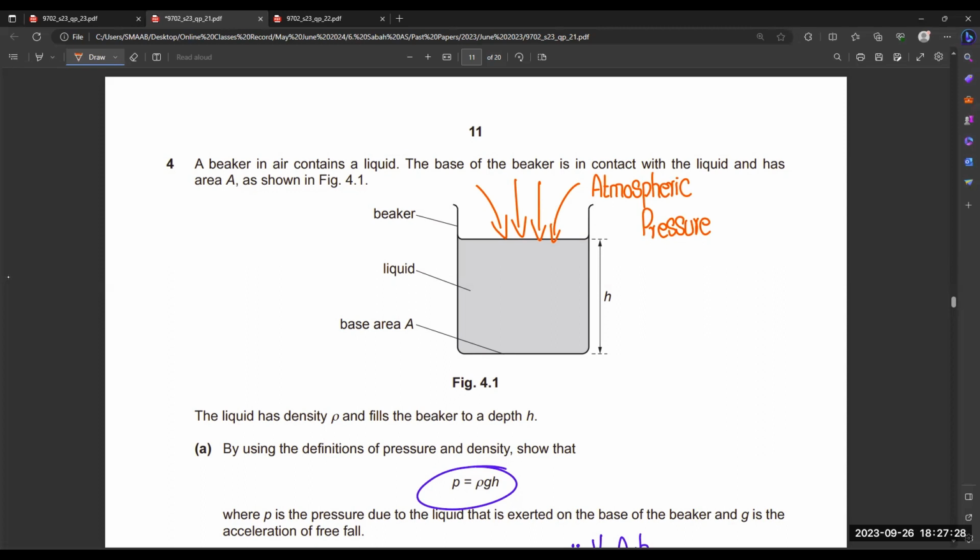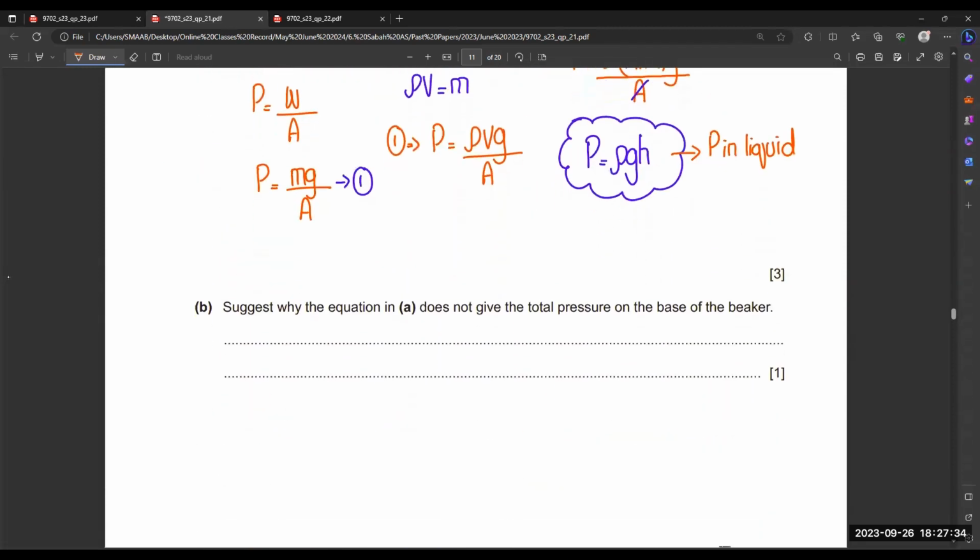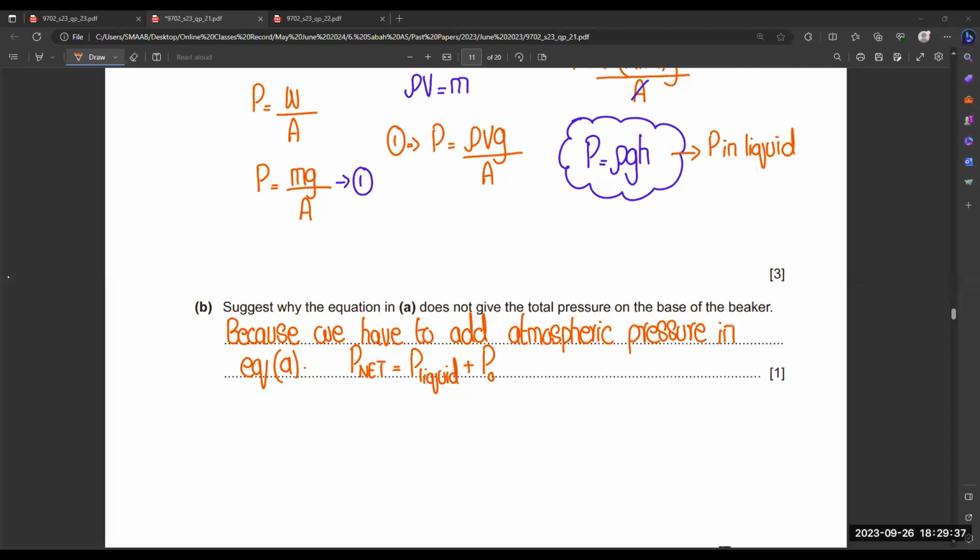If we include the atmospheric pressure, that will give you the final answer. So in part B, we can easily identify that we have to add the atmospheric pressure.